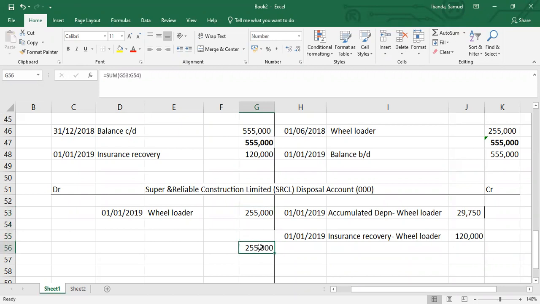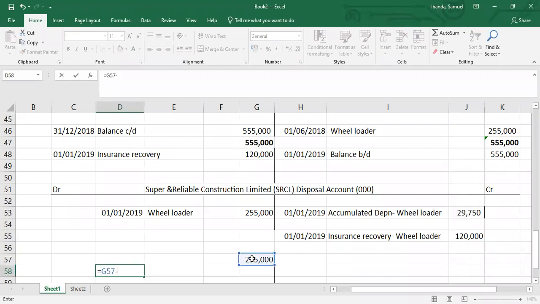Sorry. Now this side is lower. It has 149,750.